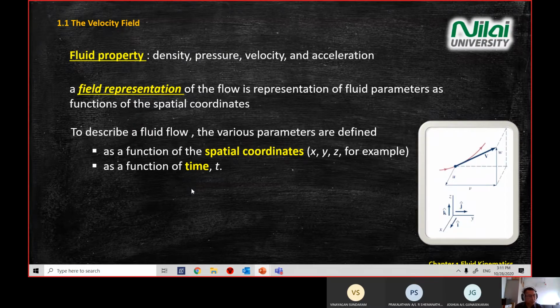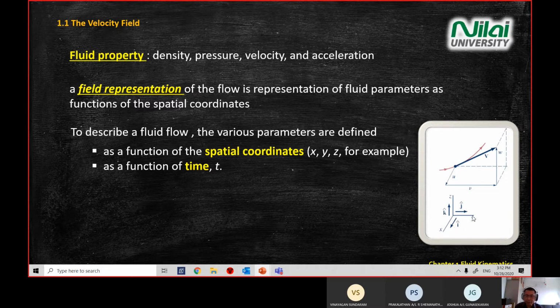Now, on question 4 in your tutorial, you see the same diagram also. Let's look at the bottom axis first. In x, y, z, this is the principal axis: x direction, y direction, and z direction. If we have a vector or a direction, then we use these signs. If the component is moving along the x-axis, we use i hat for the x direction, positive towards the x direction.